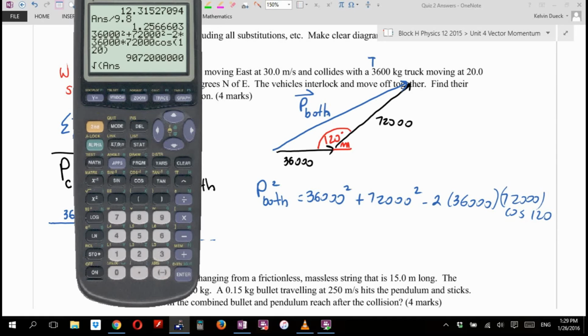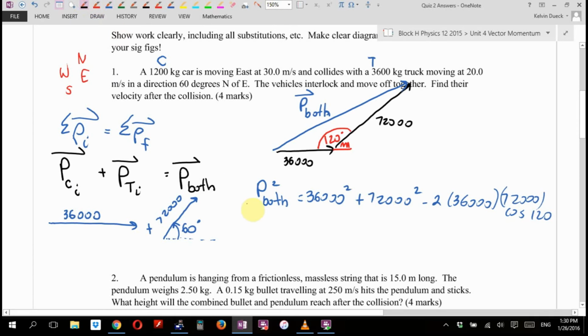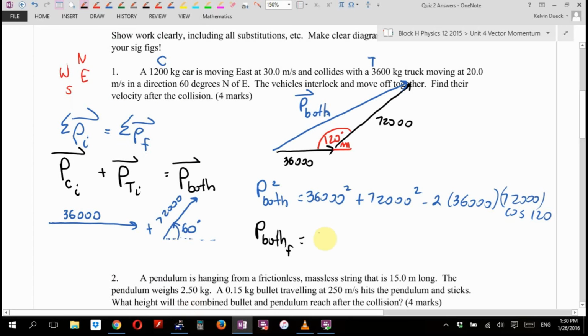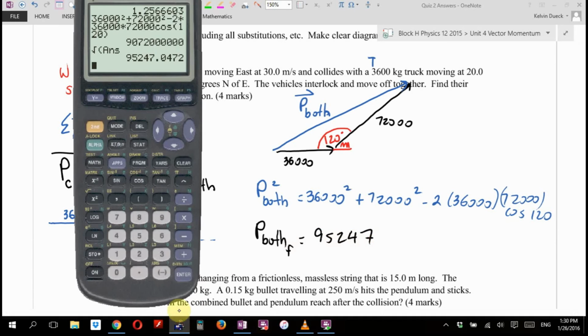And I get the final momentum of both is 95,247.0472. Momentum of both final, 95,247. That's 5 sig figs, and there's a 0 there, so that's probably as good a place as any to stop. I'll use that for my answer.